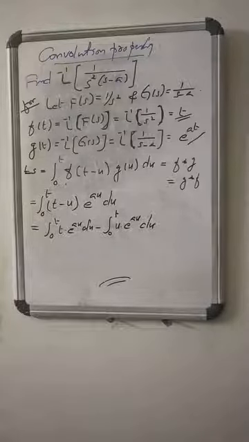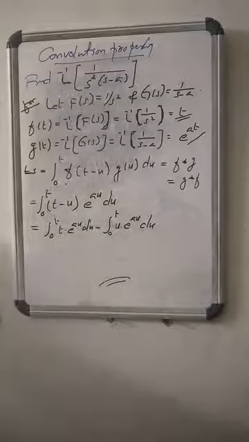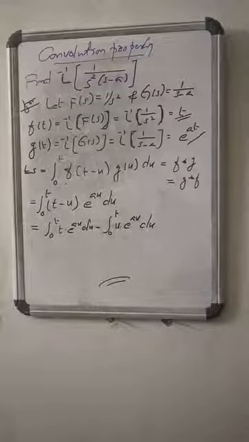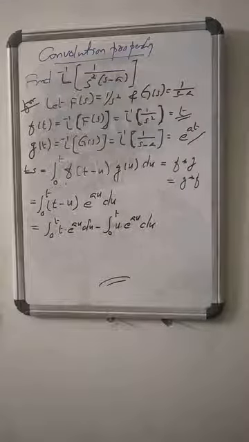So this is the convolution property. The convolution property is used to solve problems like this one, L inverse of f of s into g of s. Okay, so that property is important. The convolution of f and g is denoted as f star g and is defined as f star g of t equals integral 0 to t, f of t minus u into g of u du, and the convolution is commutative, associative, as well as distributive.